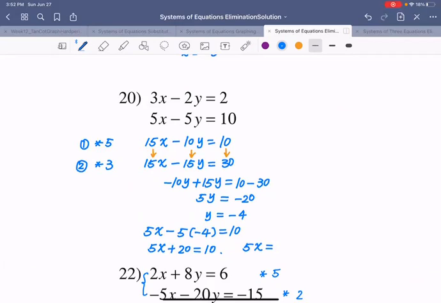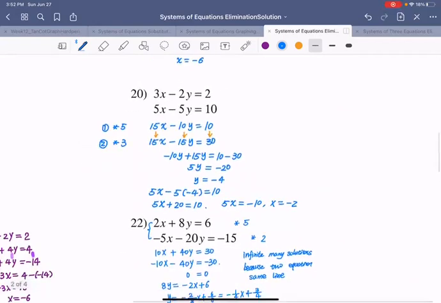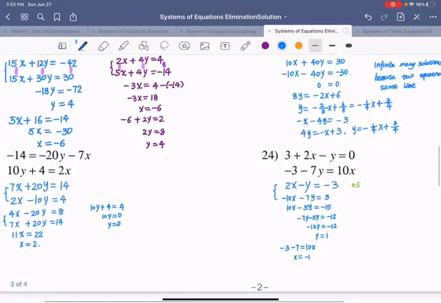Wait, negative 10. x equals negative 2. That's it. Good job. You made it. Very good. Thank you.